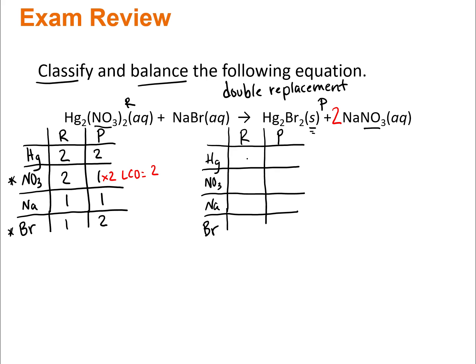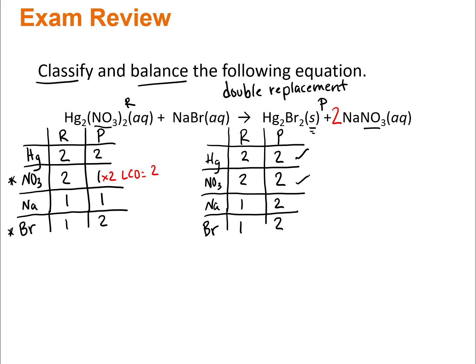So we haven't changed anything on the reactant side. We can just copy that over. But we did change some things on the product side. We've still got the same number of mercury and bromine atoms. But now we've got 2 of the sodium atoms and 2 nitrates. So we're balanced with the mercury. We're balanced with the nitrates.